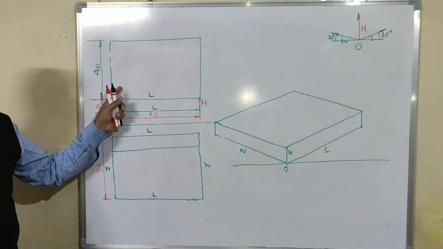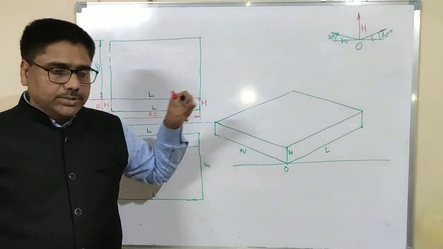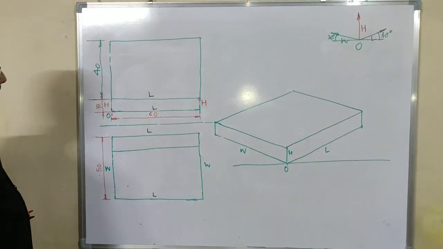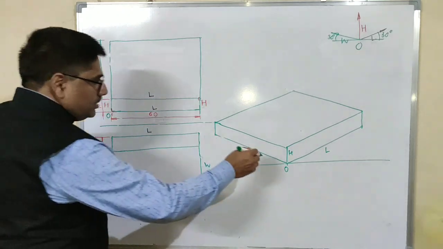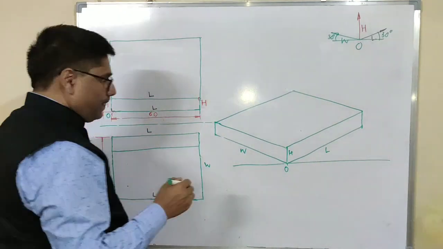Because of this addition of part, there will be some modification in the top view. Now let's try to draw the isometric of this additional part in this object. Now I have to extend all the vertical lines by 40 mm.